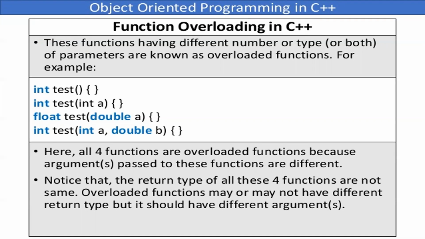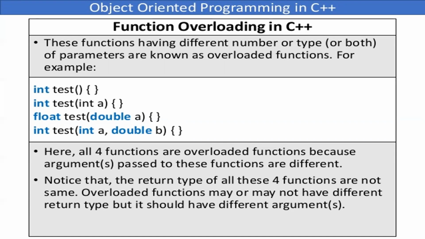You could have also had a function double a int b, even that would have been a different function, because when I pass the values, the first value passed will be double and the second value passed will be int. So these are different prototypes of four functions.